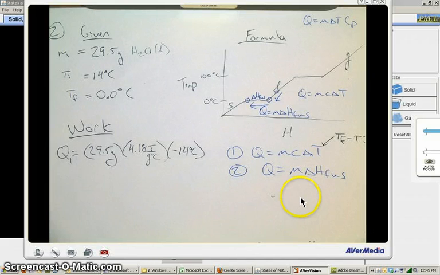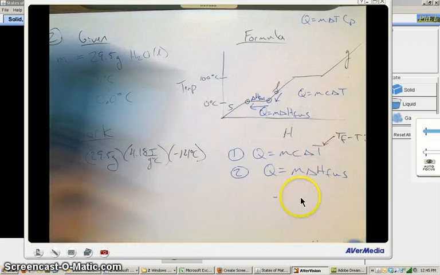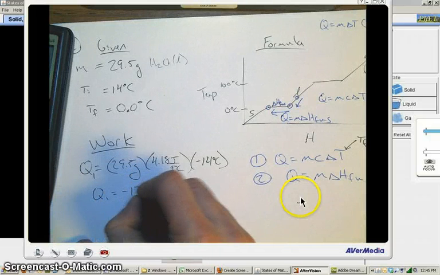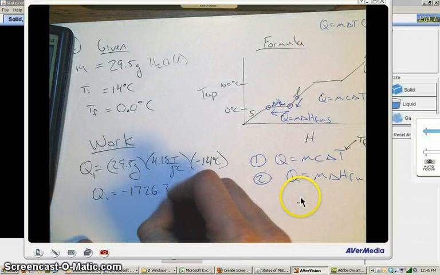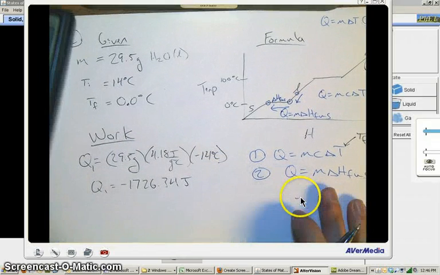So I'm going to take my calculator, and I'm going to plug in those three numbers. So I've got 29.5 times 4.18 times negative 14, and then I get Q1 equal to negative 1,726.34 joules.